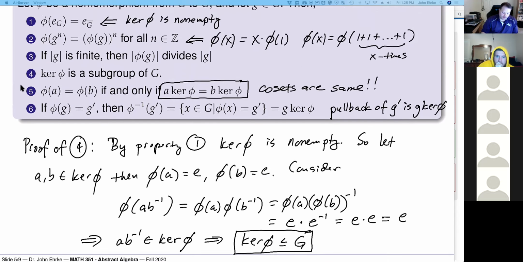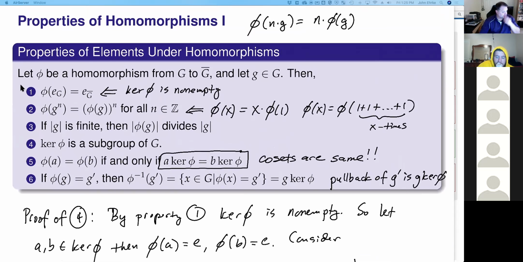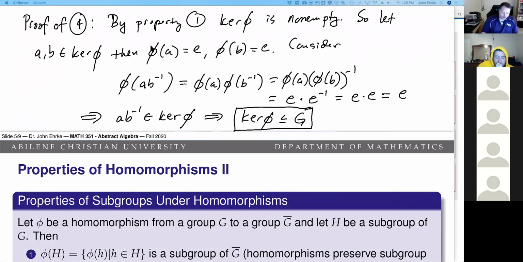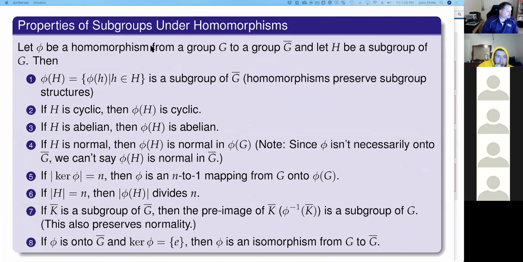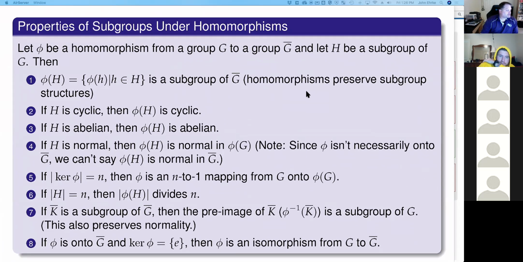All right. Similarly to when we did isomorphisms for the first time, we also have properties of subgroups. So what properties do homomorphisms preserve for subgroups? It's a whole big list of properties here. And I want us to just talk about them casually rather than memorize each little thing. So on 1, it says that the image of a subgroup is a subgroup of the range, meaning that homomorphisms preserve subgroup structures.